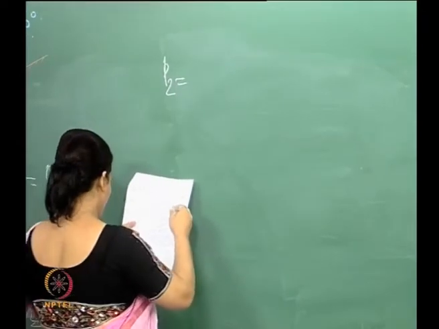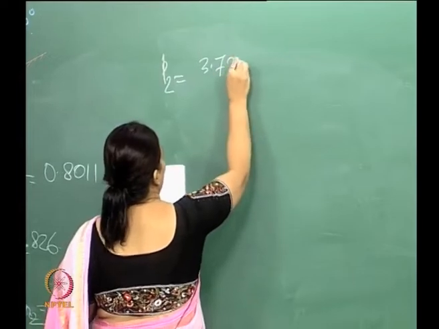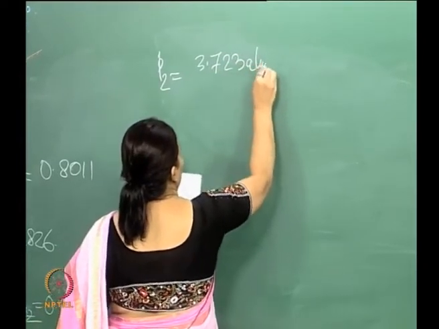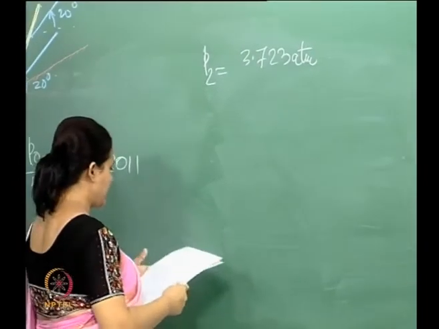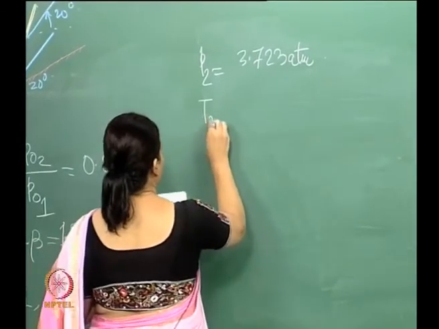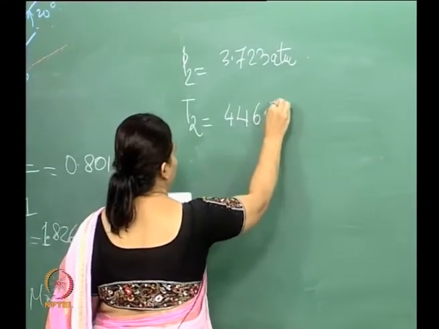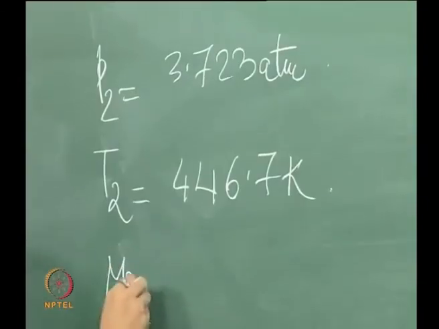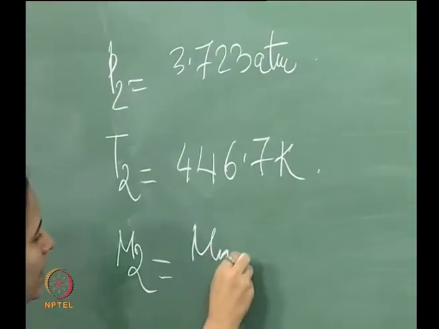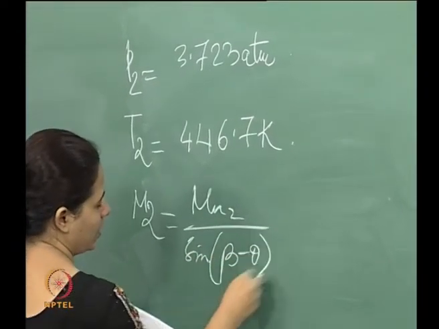So P2 is essentially 3.723 atmospheres. Then what we get for T2 is 446.7 Kelvin. Then M2, how do we get? Mn2 is M2 sine of beta minus theta. Now it is just math, okay?